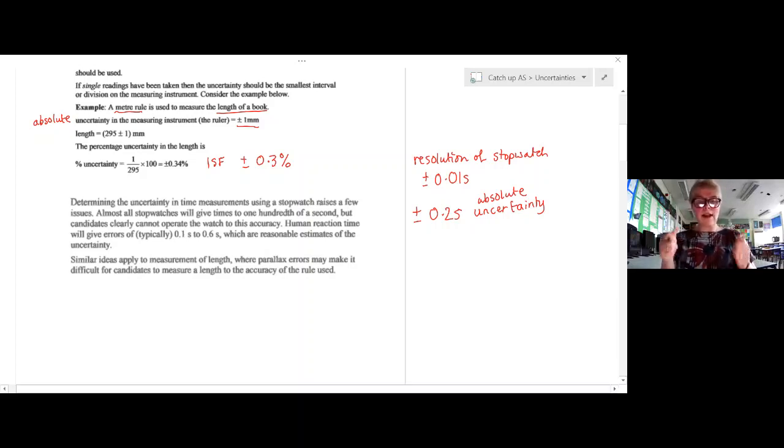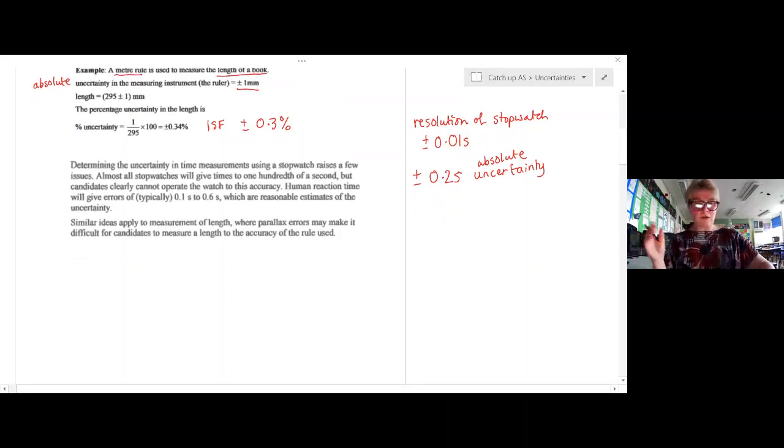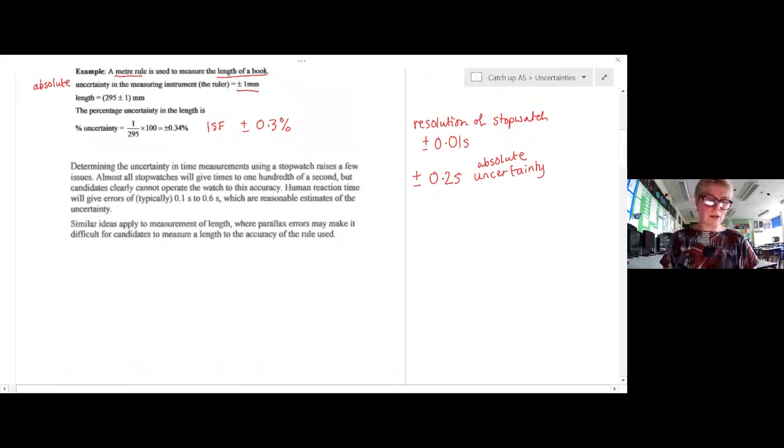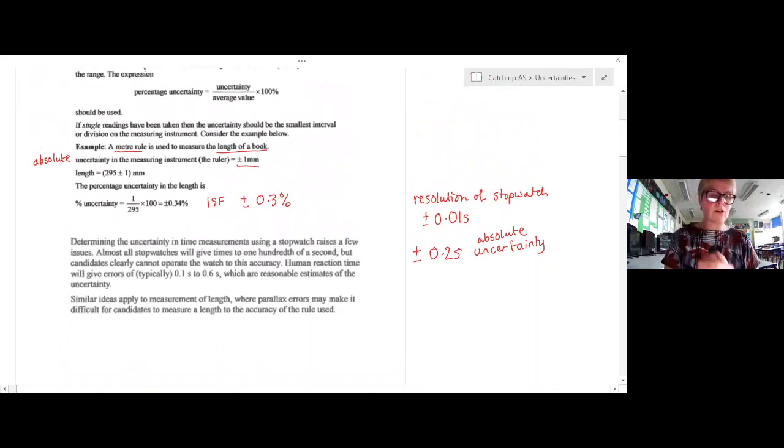Whereas a static length reading, you could argue that actually it probably will be the same each time you measure it, unless you do it in different places. And it's probably good practice there to repeat it. And if it's not the same, I'll show you what we do. Okay, if it does end up being the same, we take the resolution as being the absolute uncertainty.